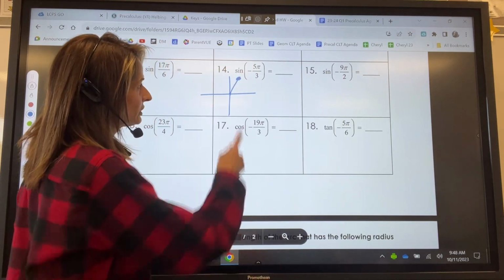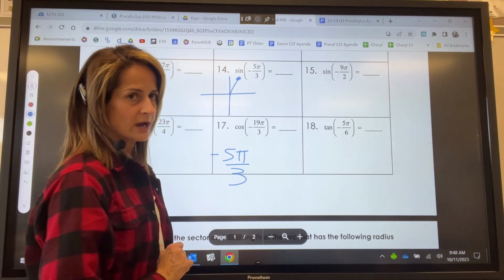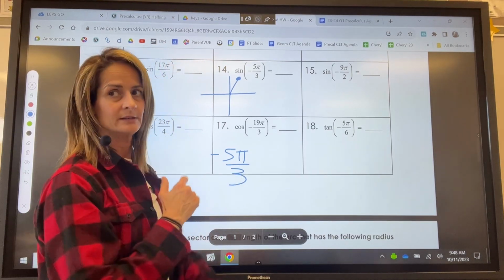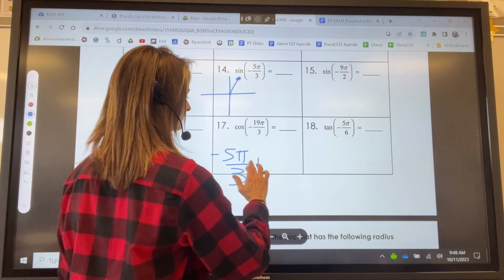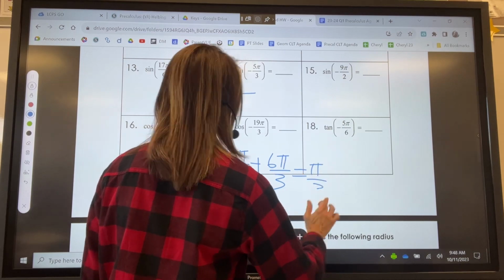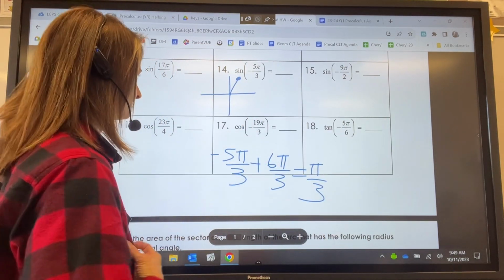If you took your negative 5 pi over 3 and tried to find the coterminal angle between 0 and 360, like we've learned, you would add 6 pi over 3. You're going to get pi over 3. Same location, right? So this is a different way of looking at the same problem.